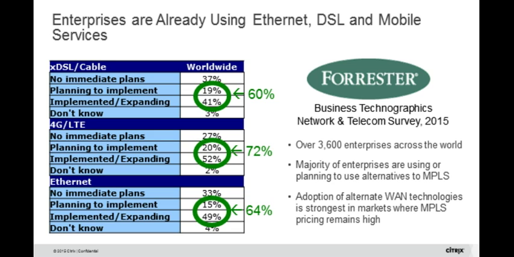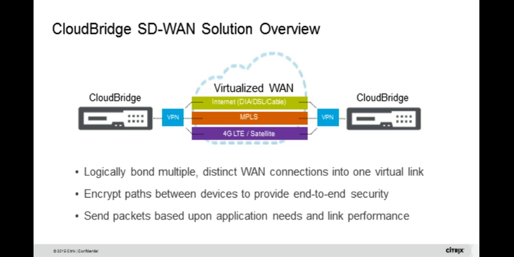And in all 3 cases, over half of the respondents in the survey indicated that they're planning to implement those technologies in their wide area network, or have implemented and are expanding the use of those technologies. So in addition to the business case that Greg presented, in addition to the recommendations from Gartner, what you see from this Forrester report is in fact that many enterprises are starting to move in this direction.